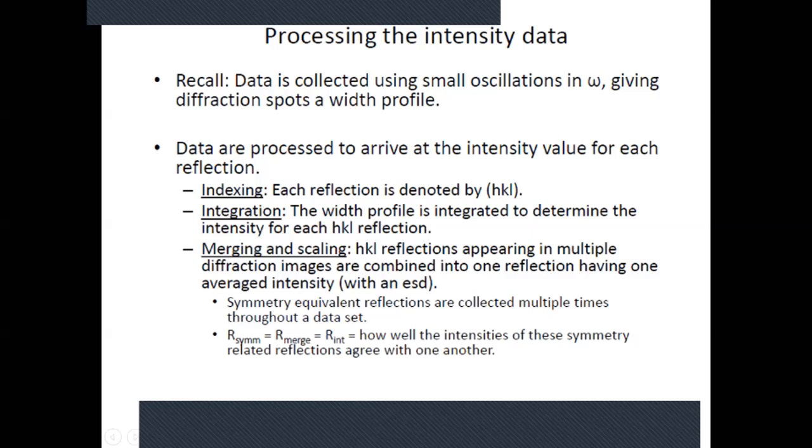And we have some factors that tell us how well the intensities of the symmetry related reflections agree with one another. These are referred to as RSIM, RMerge, or RInt, and we'll talk about those in just a second. The lower the R values, the better they agree with one another.